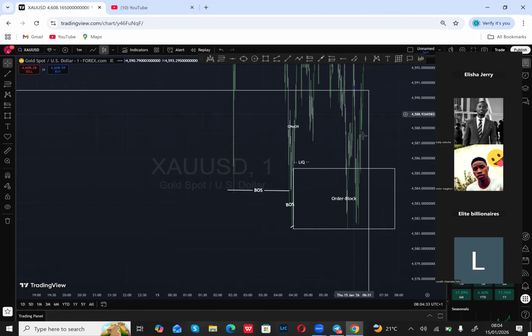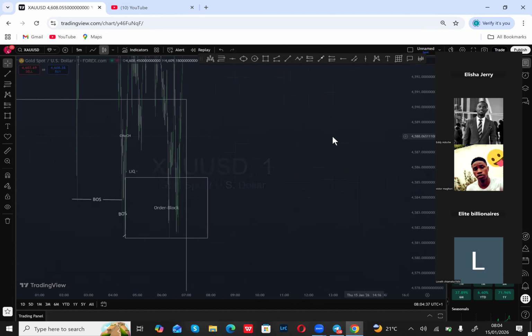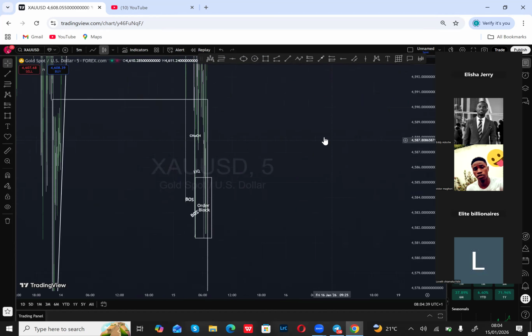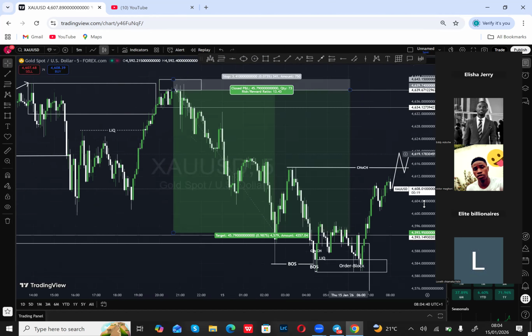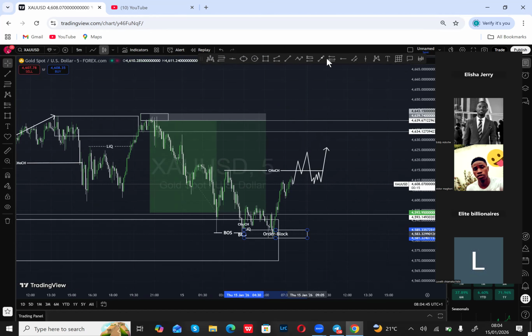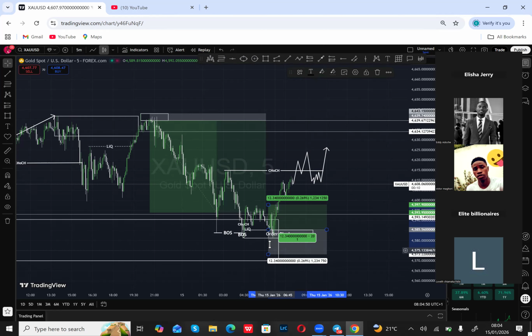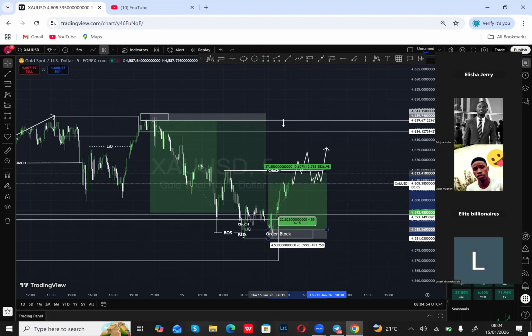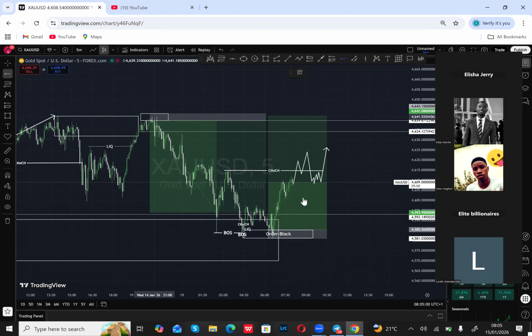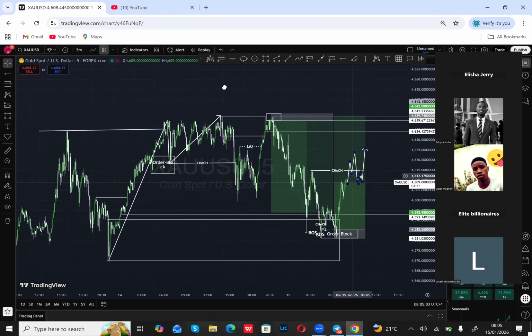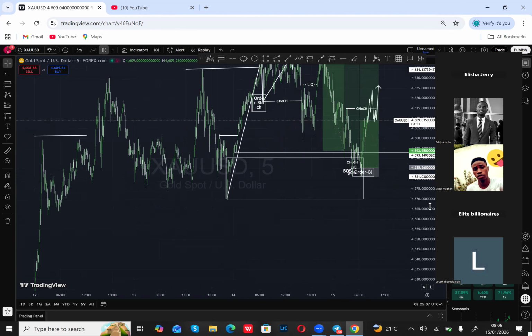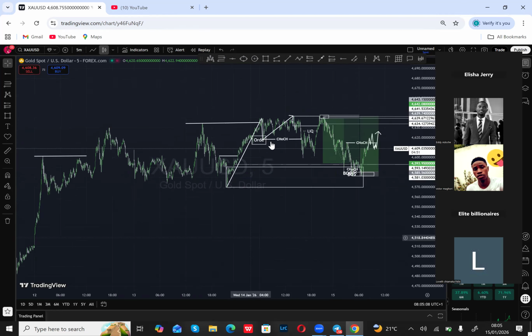So you'd have had this, and obviously your target would be this overall high here. So 13R here, 12R here, all just following structure, liquidity, and then your point of interest using the storyline.